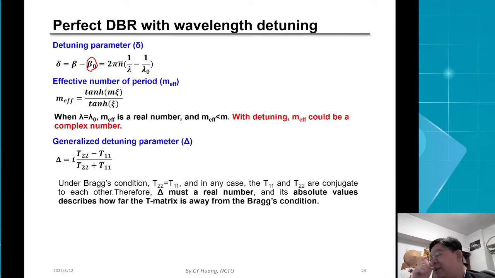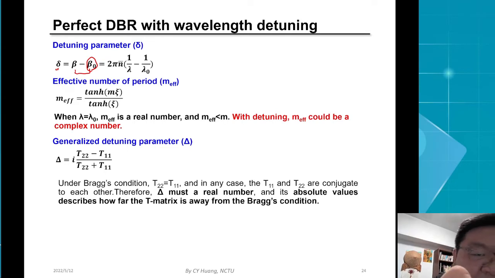So we define the difference in the wave vector as the detuning. The delta will be beta minus beta 0, so it will be 2 pi n, where n is the refractive index. Let's neglect the possible effect of index dispersion first.